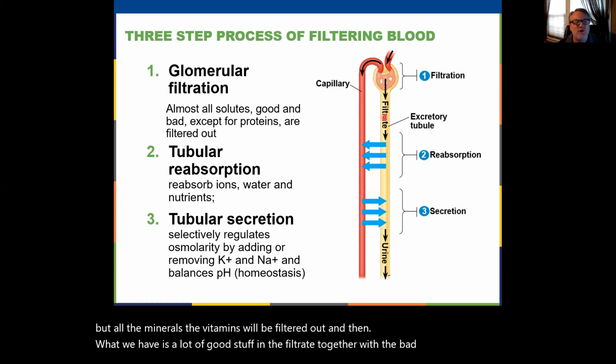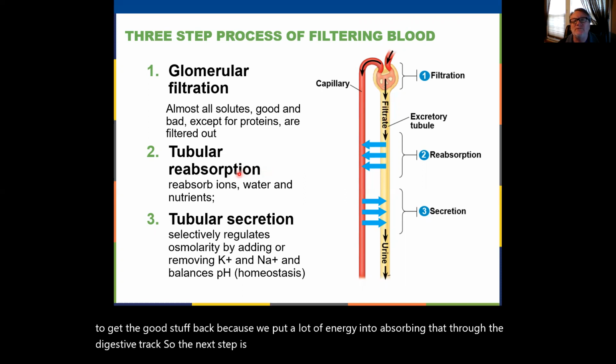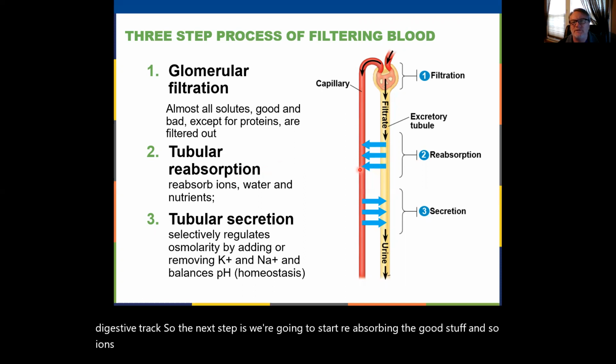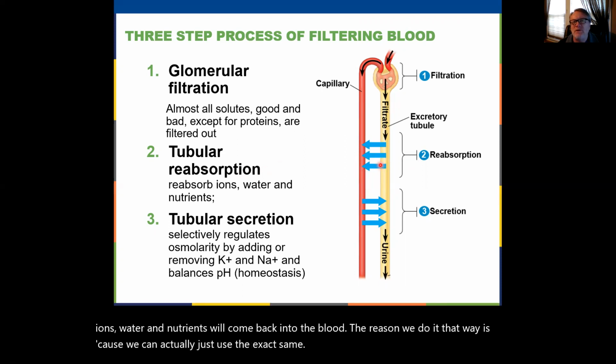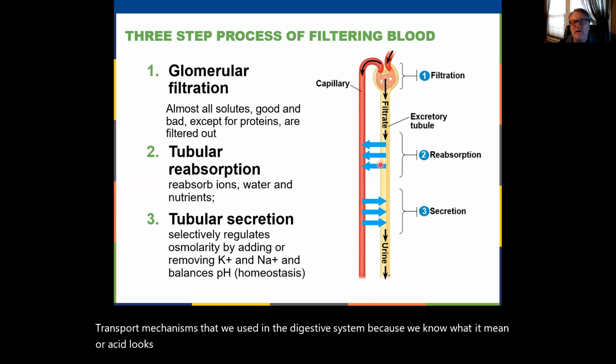So we would like to get the good stuff back because we put a lot of energy into absorbing that through the digestive tract. So the next step is we are going to start reabsorbing the good stuff. And so ions, water, and nutrients will come back into the blood. The reason we do it that way is because we can use the exact same transport mechanisms that we used in the digestive system, because we know what an amino acid looks like, we know what vitamins look like, we know what glucose is.